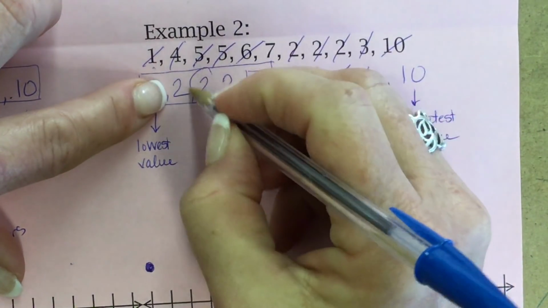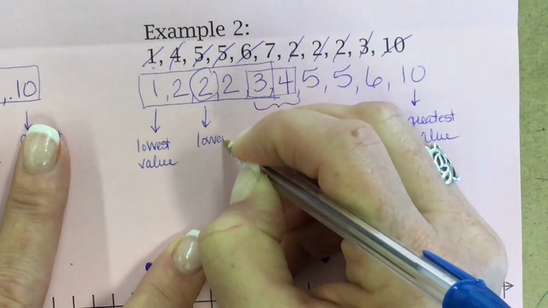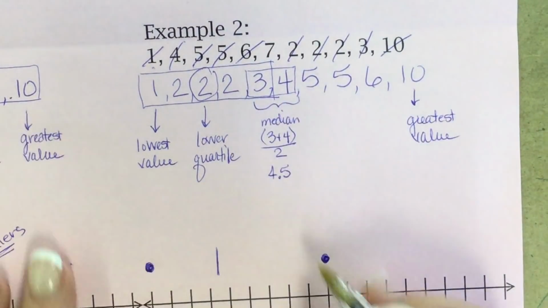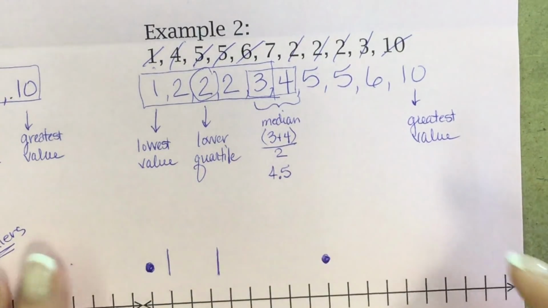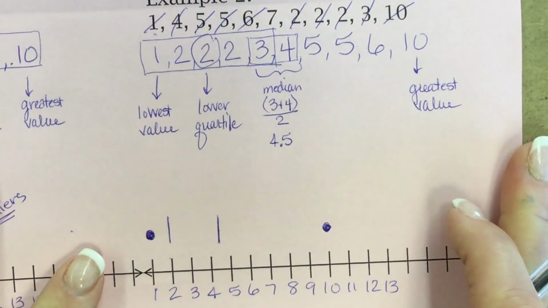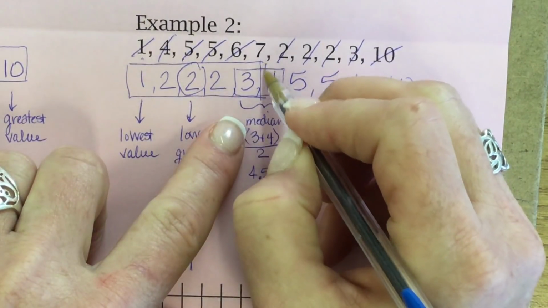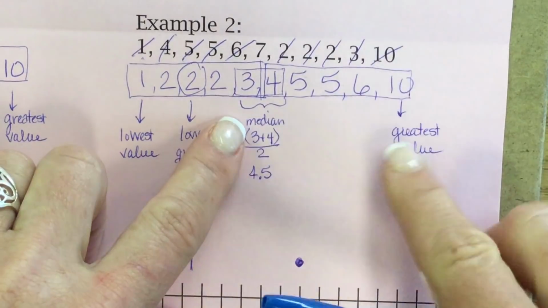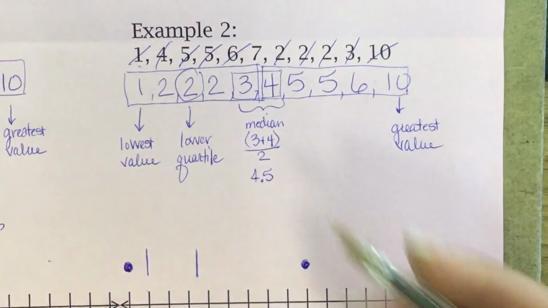This would be a 2. This would be my lower quartile. So that means that at the number 2, I'm going to draw the other side of my box. And on this side I'm going to draw the other half of data. And I have a median of 5.